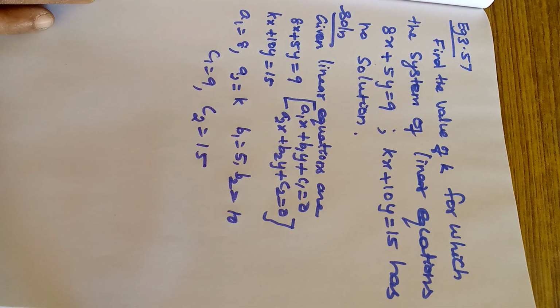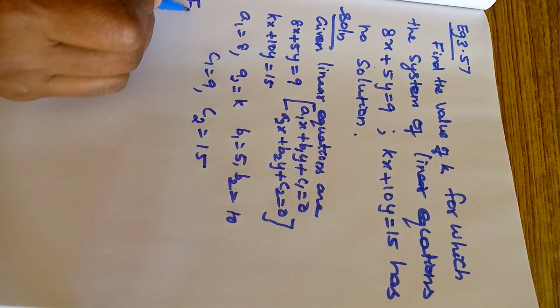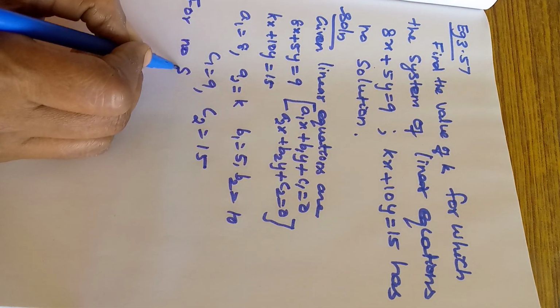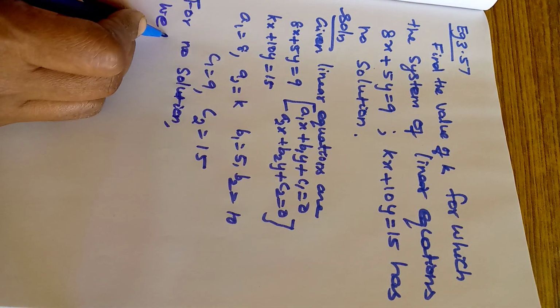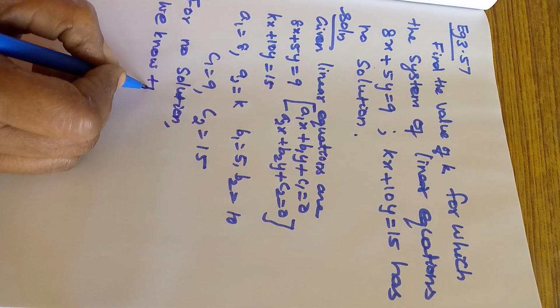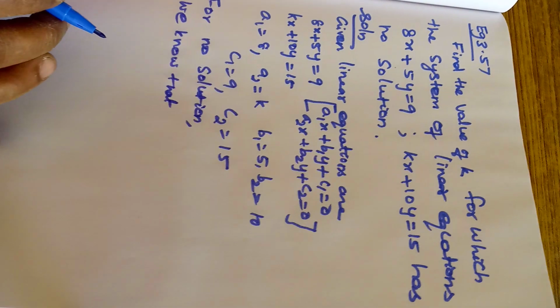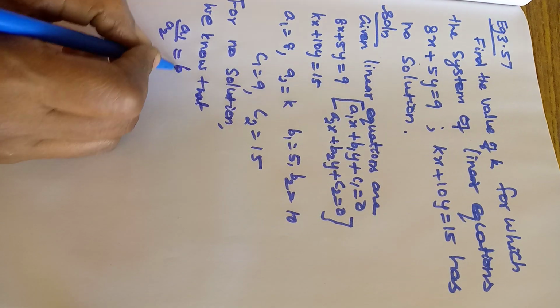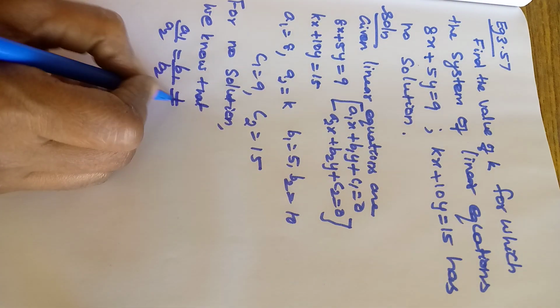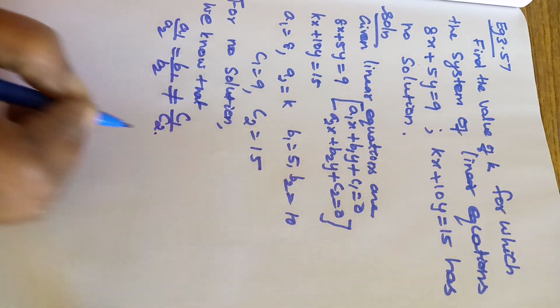So the condition for no solution: we know that a1 by a2 is equal to b1 by b2 is not equal to c1 by c2.